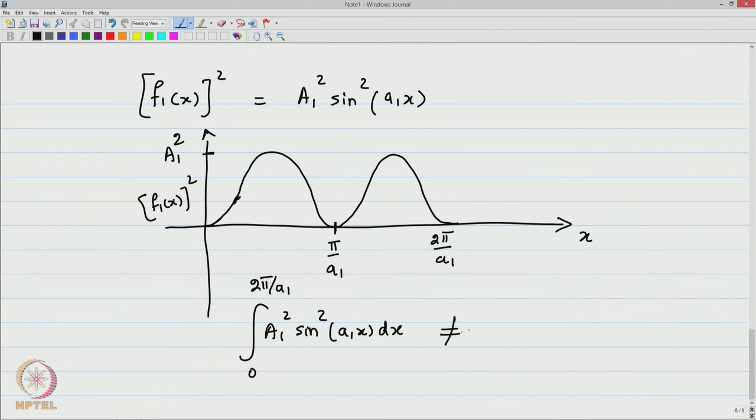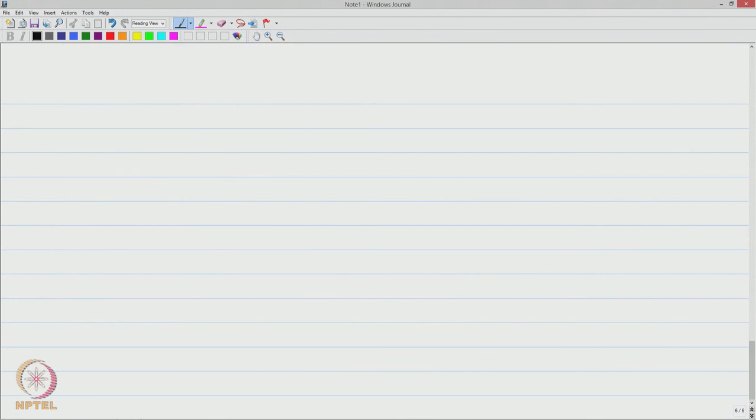This integral is not 0 because both the components of the area are positive, and therefore, it is easy to do this integral by simply using the formula that a1 square by 2 between 0 and 2 pi by a1, 1 minus cos 2 a1 of x, by 2, dx.